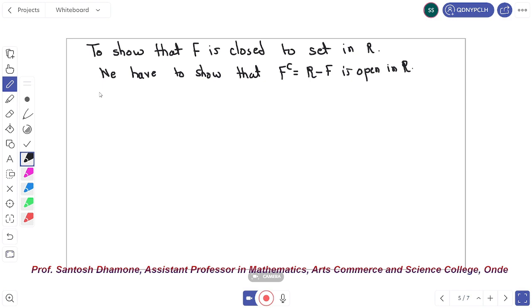This is by the definition of open sets. We proved this in the part on open sets of a matrix space. It is equal to the set of x belonging to R such that, this is the definition of open ball, modulus of x minus p is less than r.